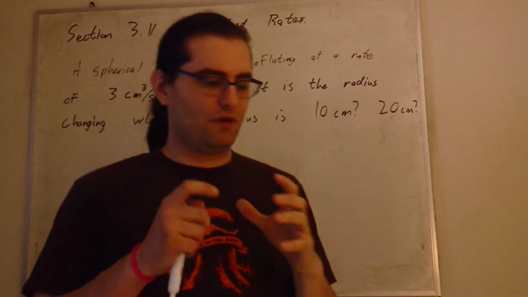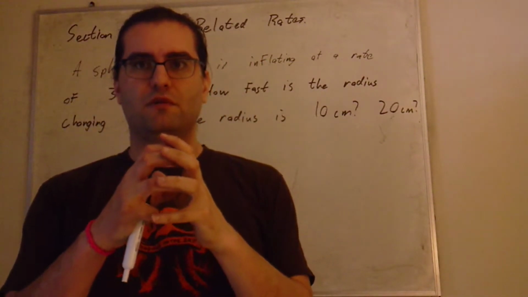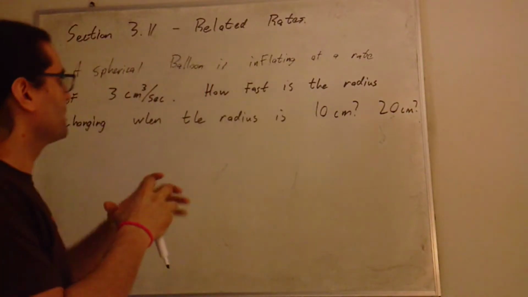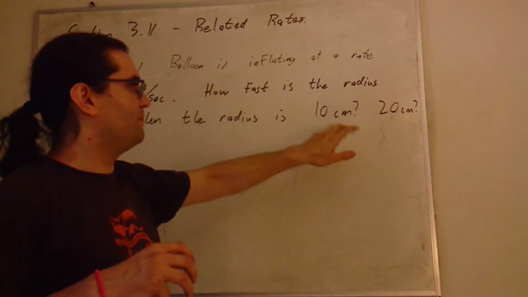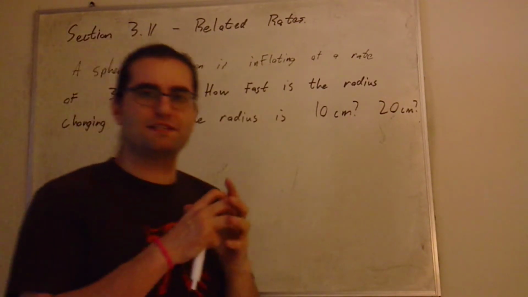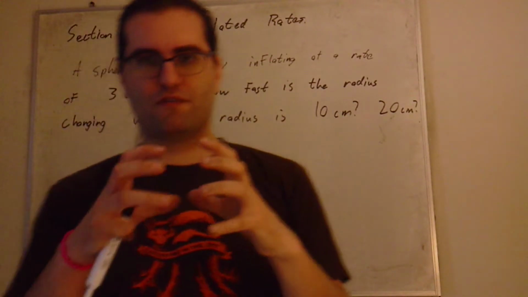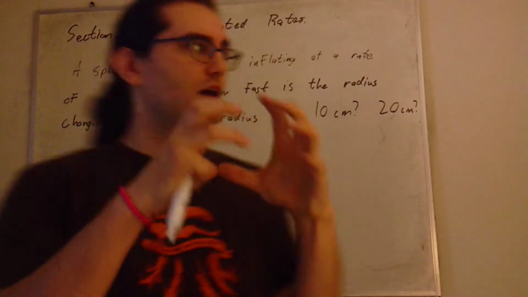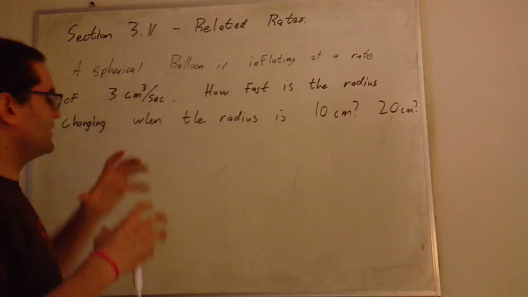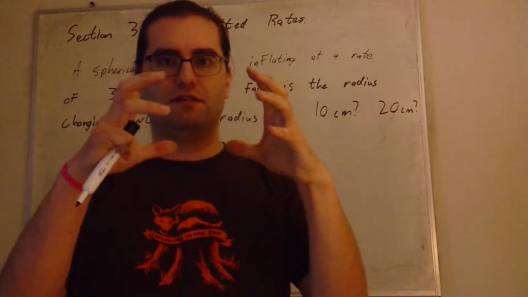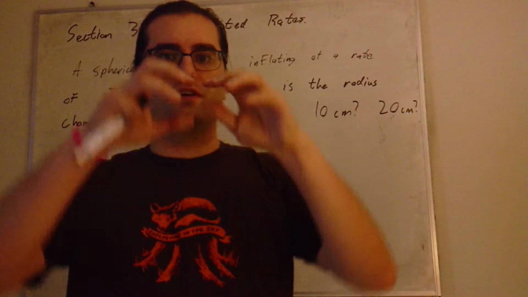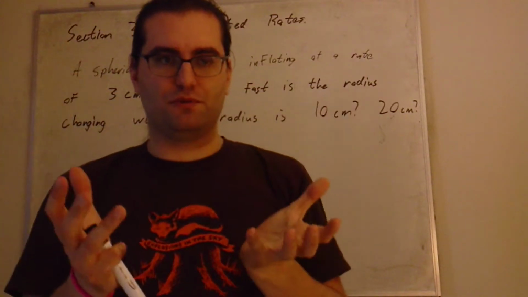If you think about a small balloon, when it's 10 centimeters in radius, you've got a balloon about this big. In 1 second, you're adding 3 cubic centimeters to that, and that 3 cubic centimeters is going to stretch out the outside of this balloon.